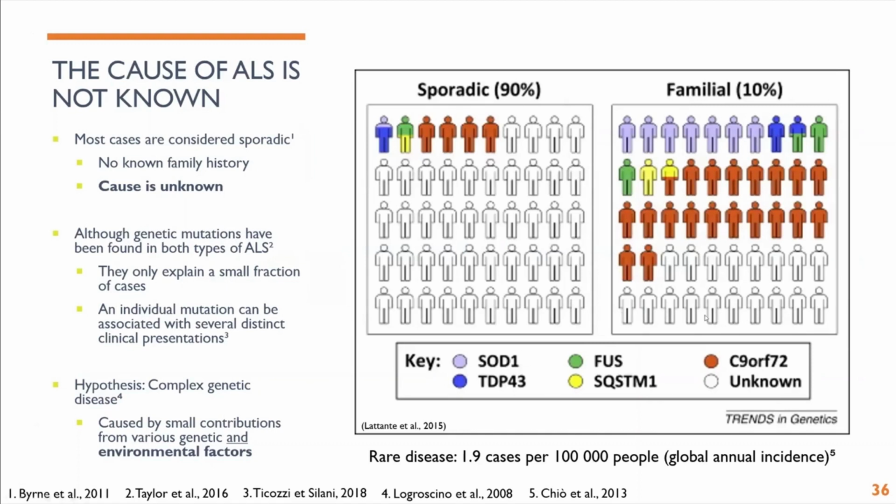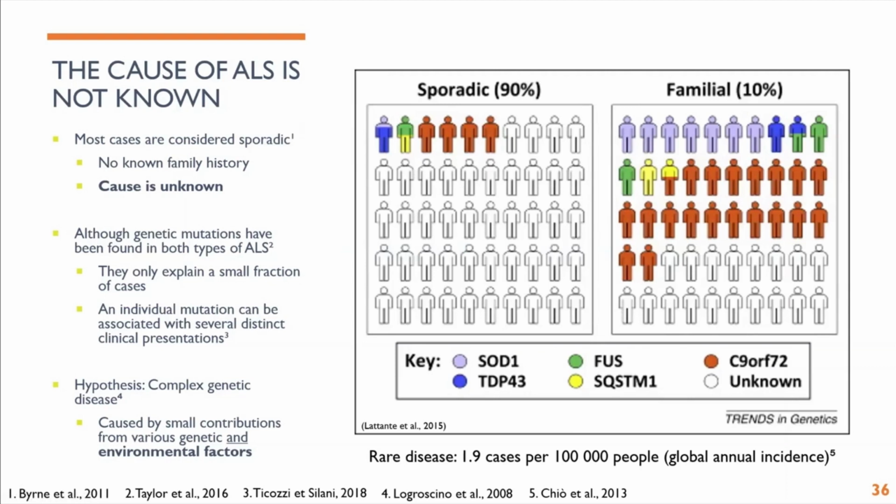As you can see, all the white stick figures, that means we didn't identify a known mutation in the case. There's only a few that actually have an identified mutation. And even if individuals have the same mutation, let's say both have SOD1, they could have completely different clinical presentations and completely different progressions, which is very interesting.